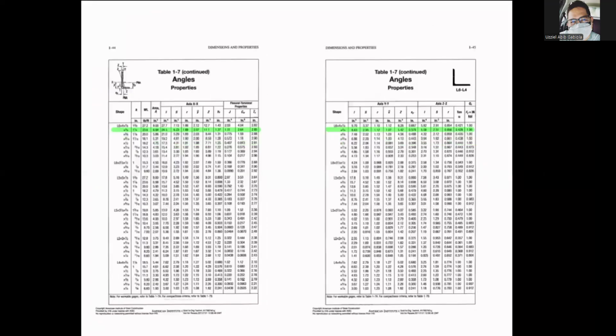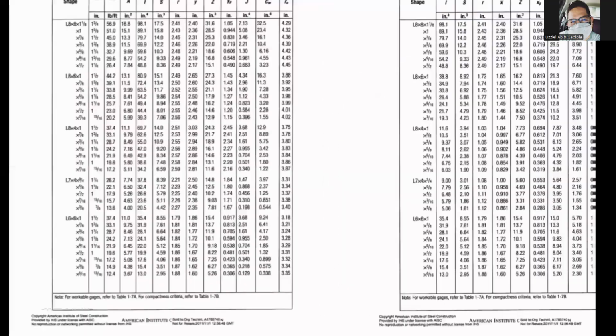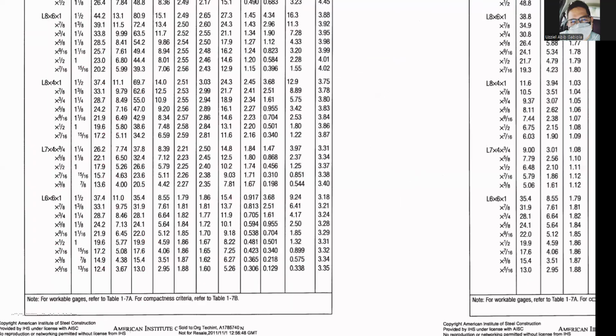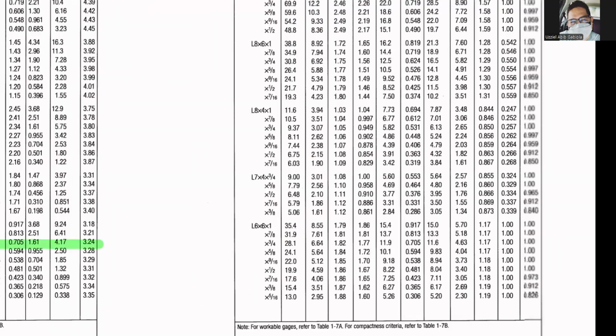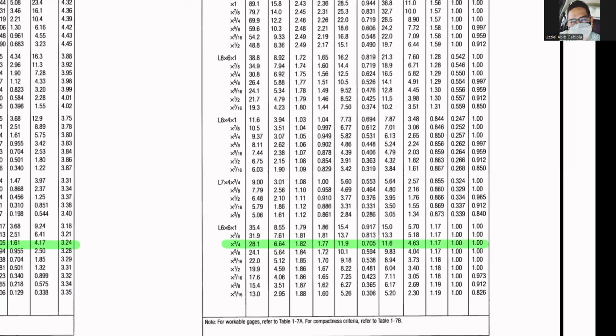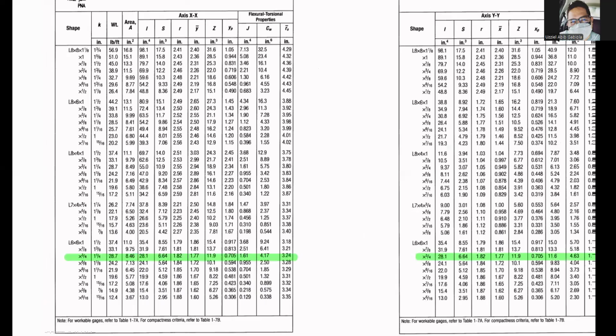So here, let's look for 6 by 6 by 3/4. For area, we need the value of 8.46.